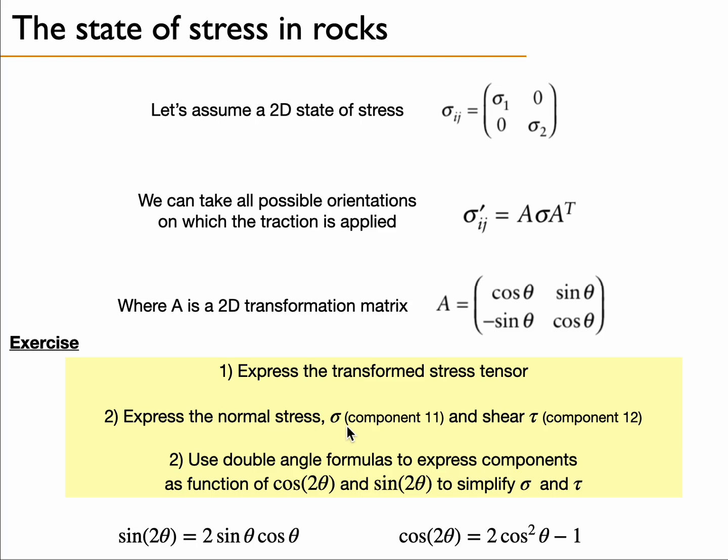Then to express the normal stress, component 1,1, and the shear stress, the component 1,2. And then to simplify the expression using the double angle formula. So I ask you to use these relationships to derive the expression of sigma and tau, the normal stress and the shear stress.